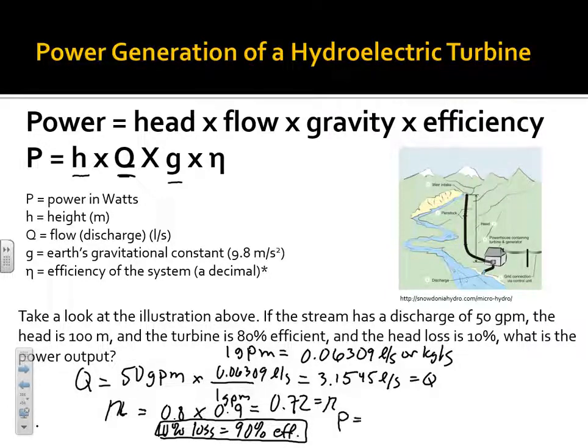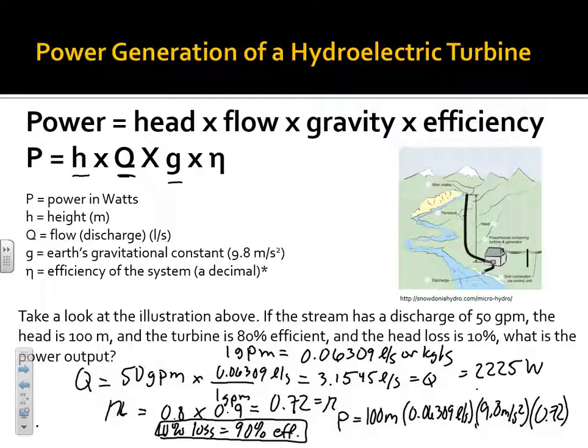So power equals 100 meters times discharge of 0.06309 liters per second times gravity, 9.8 meters per second squared, times our efficiency of 0.72, which has no dimension, and that's going to give us 2225 watts, which is 2.225 kilowatts under these conditions.